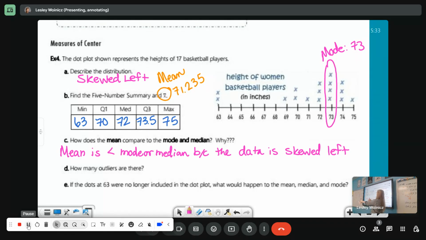So the tail is tugging on the mean and pulling it to the left.